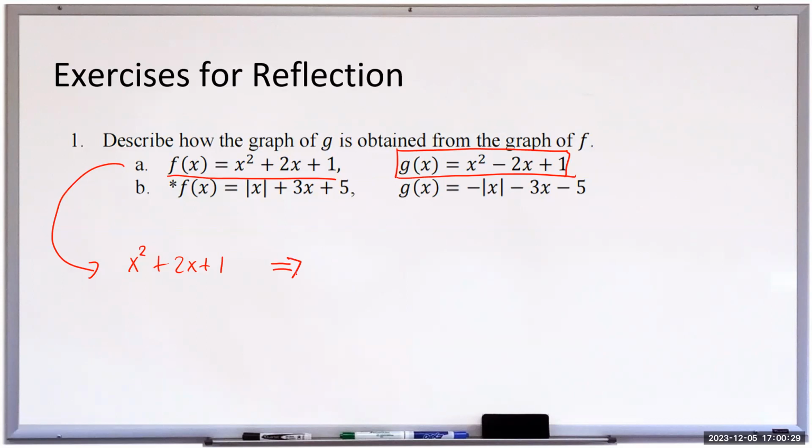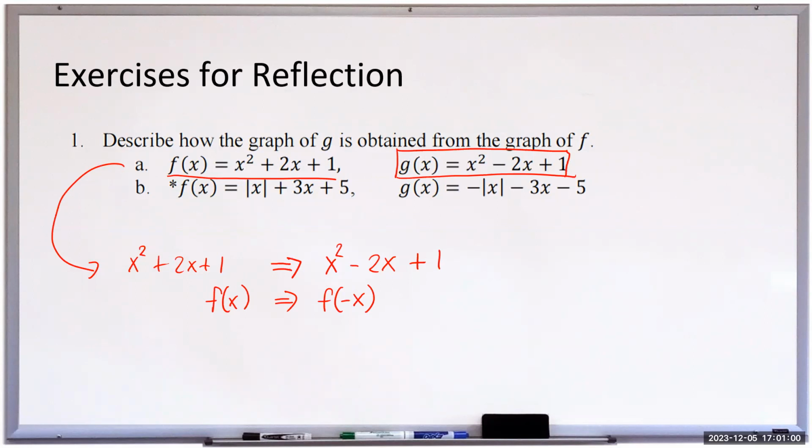And this became x squared minus 2x plus 1. Okay? So, ang mapapansin natin, if this is f of x, this becomes f of negative x. Okay? Kasi nag-flip ng sign lahat ng terms with the x variable which are raised to odd integers.